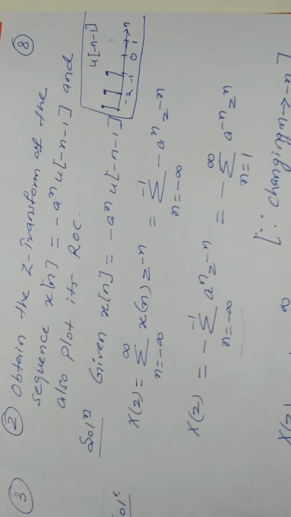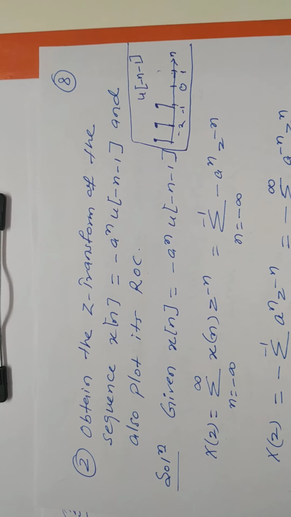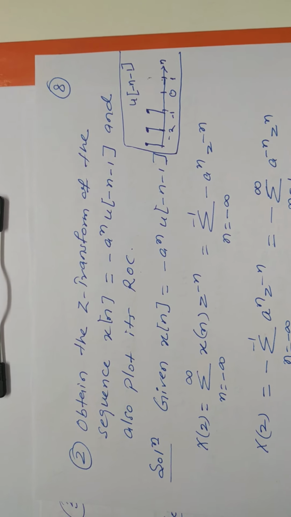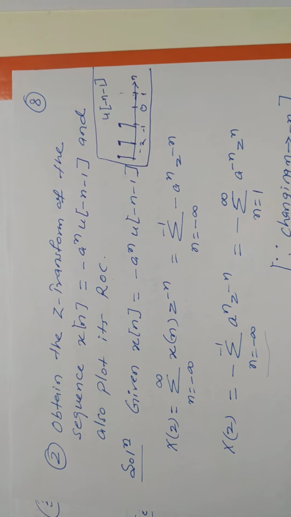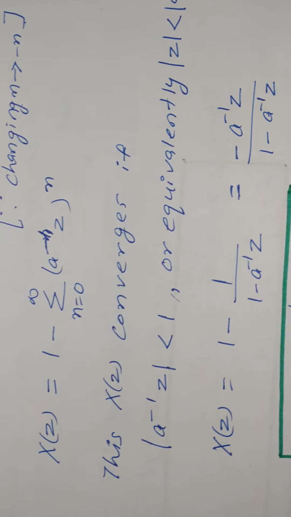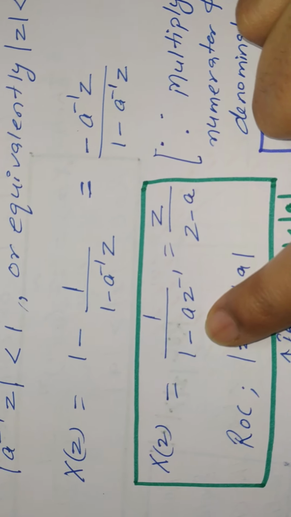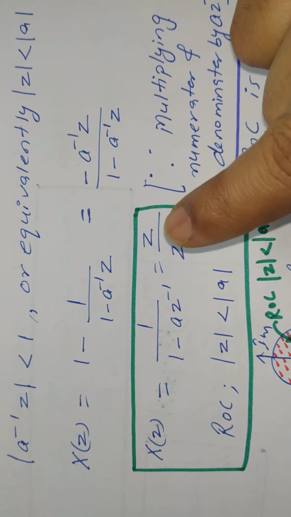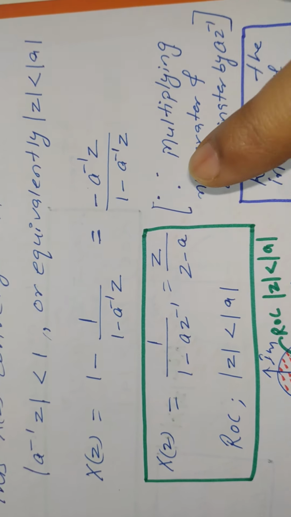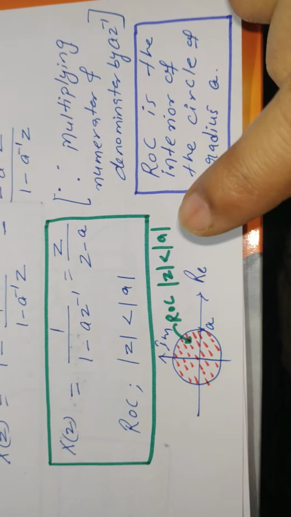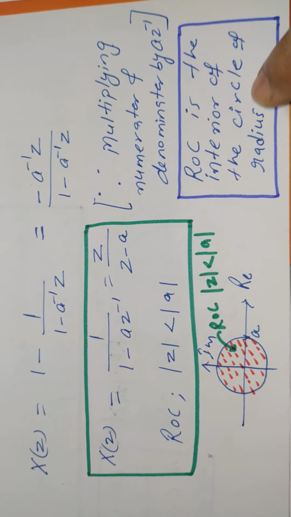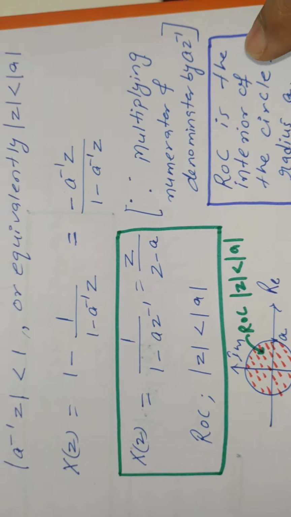Another example that we saw in the previous lecture was x of n equals minus a to the power n u of minus n minus 1, and we even plotted the ROC for this. Now the x of z, that is the z transform of the same sequence, will be 1 by 1 minus a z to the power minus 1, that is equal to z by z minus a, and the ROC is mod of z less than mod of a, that is, the ROC is the interior of the circle of radius a.